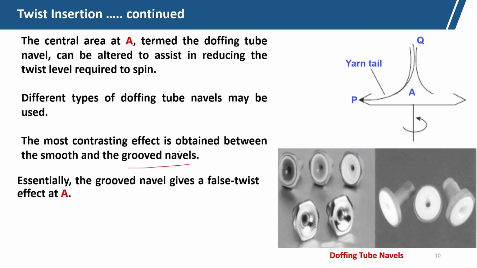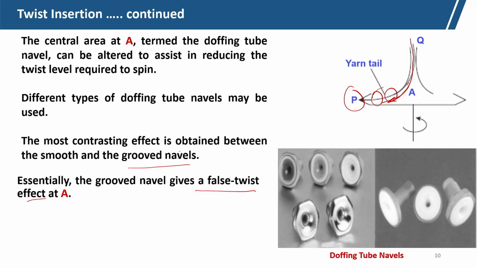Essentially, the grooved navel keeps the false twist effect at A. If there is smoothness, the proper twist flow will be there, so the twist torque can be propagated up to P. That was the initial concept.